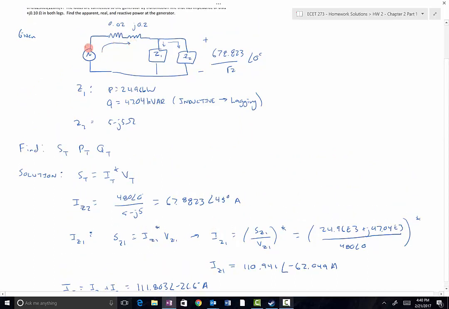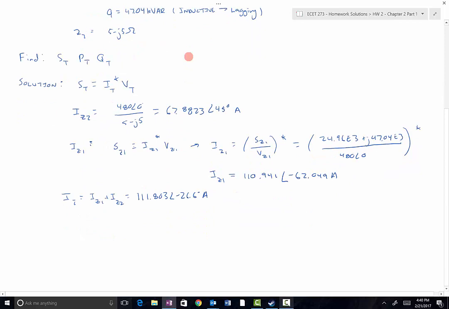I can determine the voltage here by adding the voltage across these two nodes to the voltage drop across this segment of line. So next I'm going to calculate the voltage across that line by multiplying the current through it times the impedance of the line. So VL, which I'm just going to use for line, is equal to I total times the line impedance, ZL.